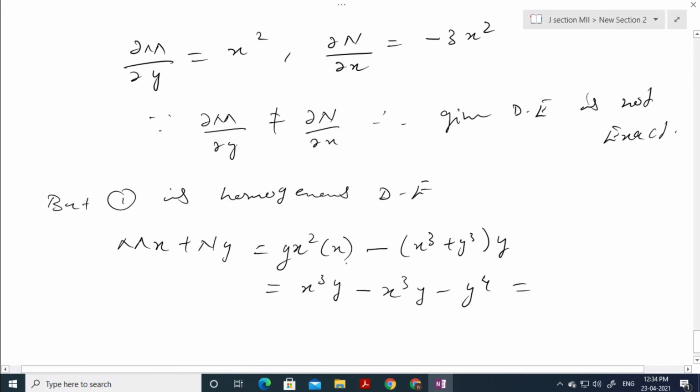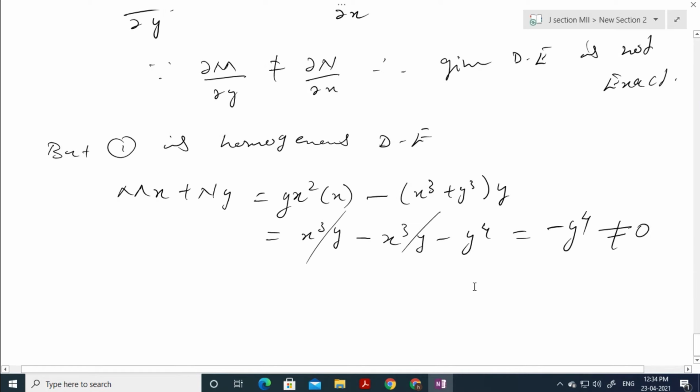On simplification, these two terms cancel. You have minus y to the power 4, including the sign, and this is not equal to 0. So both conditions are satisfied now: it is homogeneous as well as Mx plus Ny is not equal to 0.